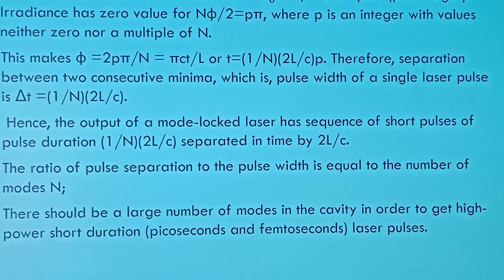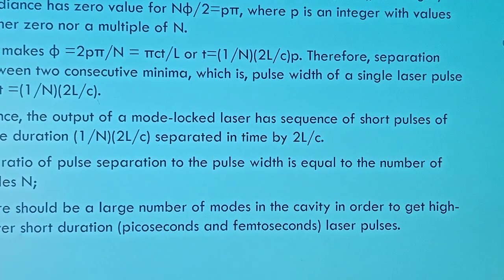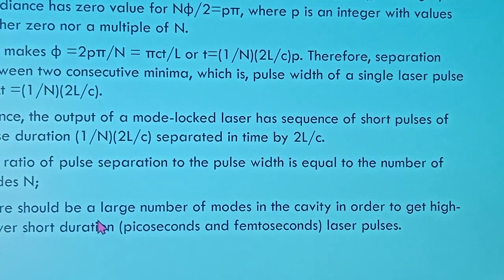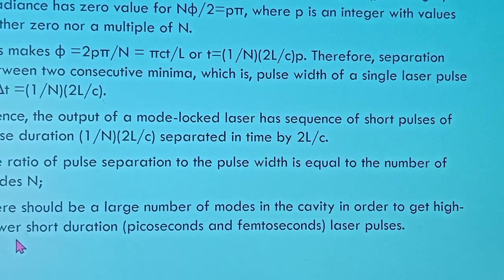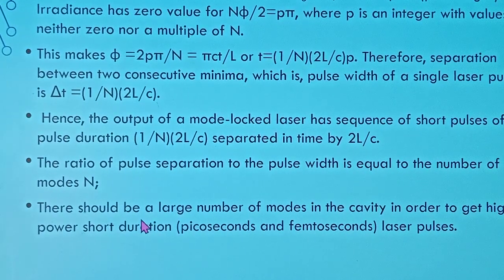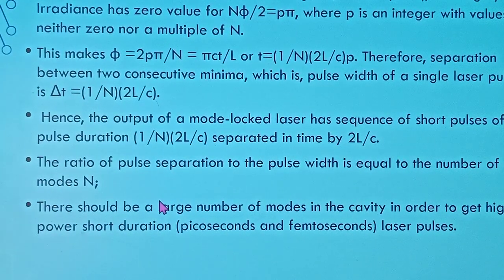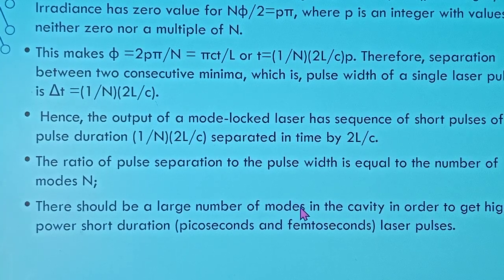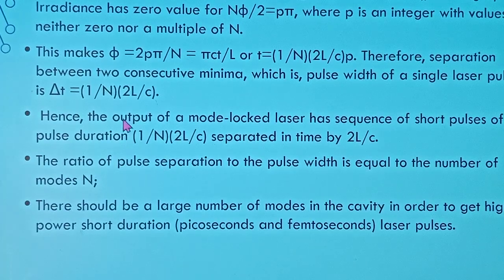Okay. Now, here one important thing we should realize is that our aim is to get a very short duration pulse. For this, we should have a large number of modes in the cavity.